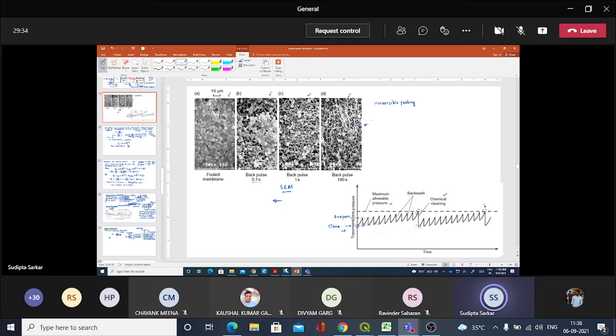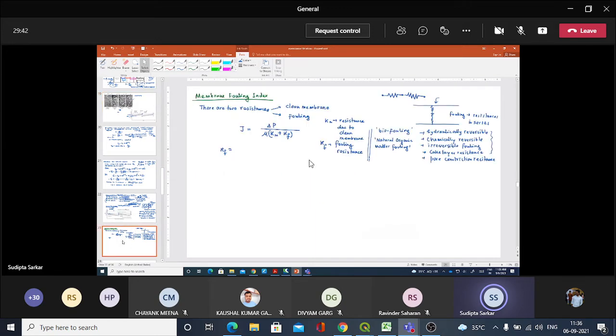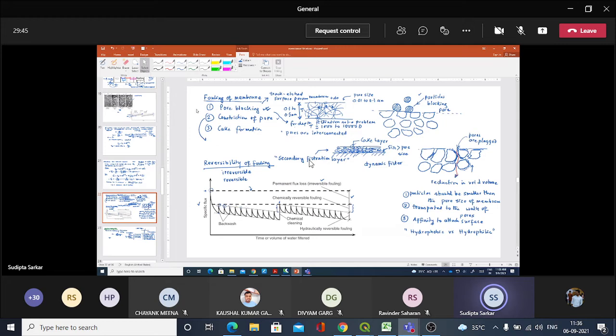So you can see that the resistance is developed over a period of time, depending on how much water you pass through this. If you look at this graph also, you see the resistances develop over time. So specific flux actually decreases over time, and at some point we realize that we have to backwash.